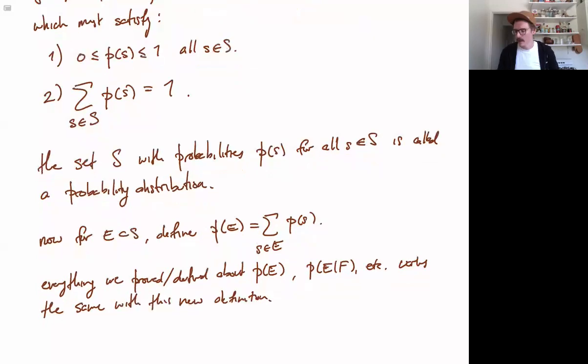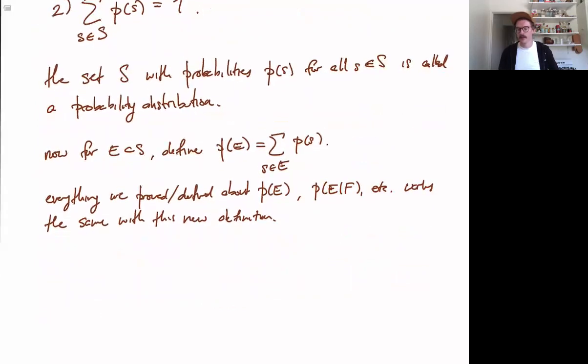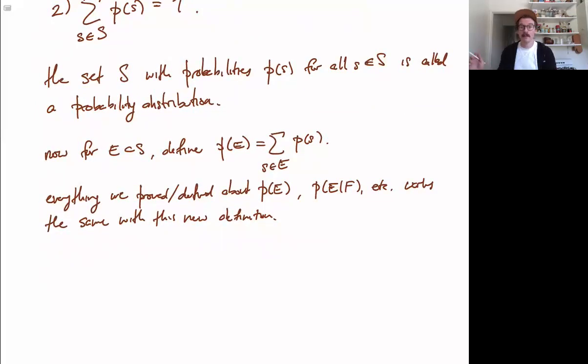So let's see an example of a probability distribution. In fact, let's give a basic example that links us up even better to what we were talking about last time. So let S be a set of n elements.